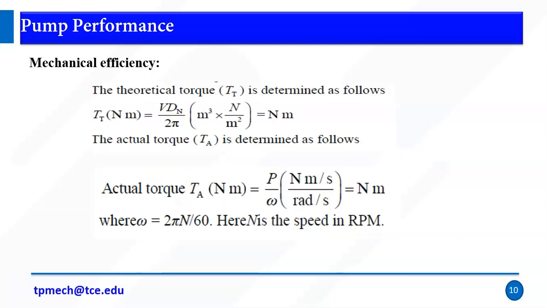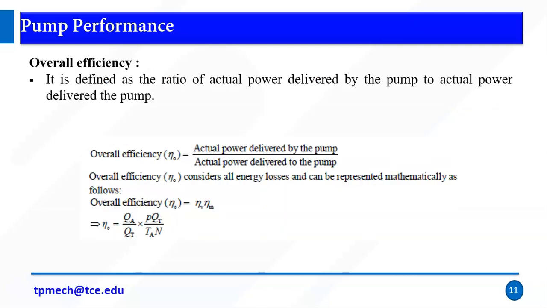The theoretical torque we can calculate from the volumetric displacement, VD times P by 2π. If you multiply by the speed, you can get the power, and the actual torque is determined from P by ω. P stands for pressure, and ω we can calculate as 2πN by 60, where N is the RPM.